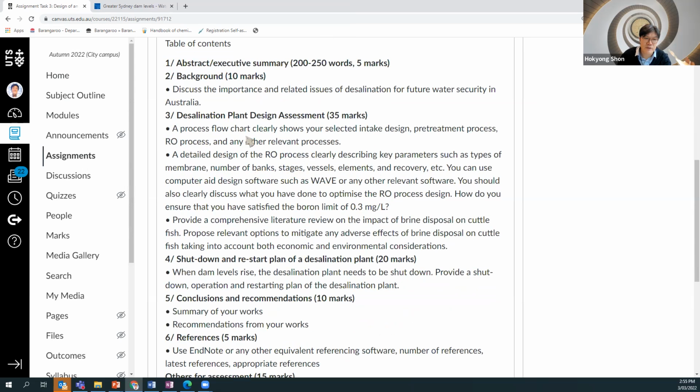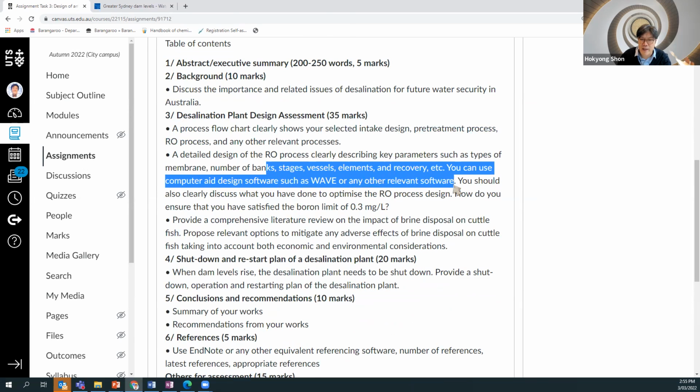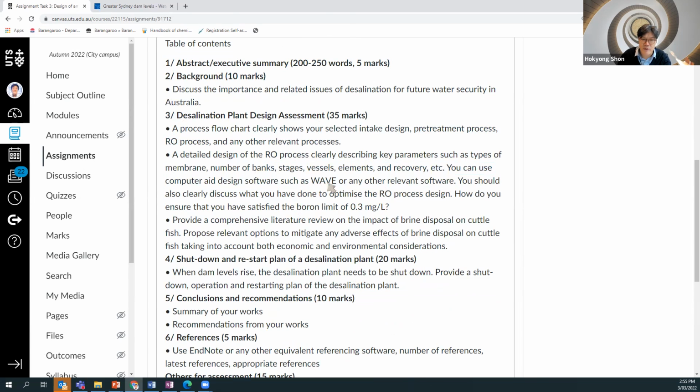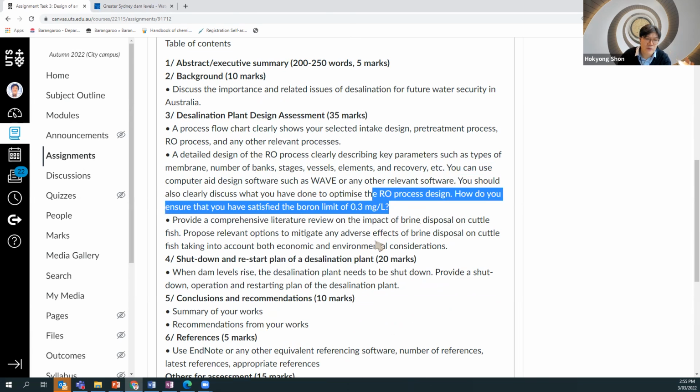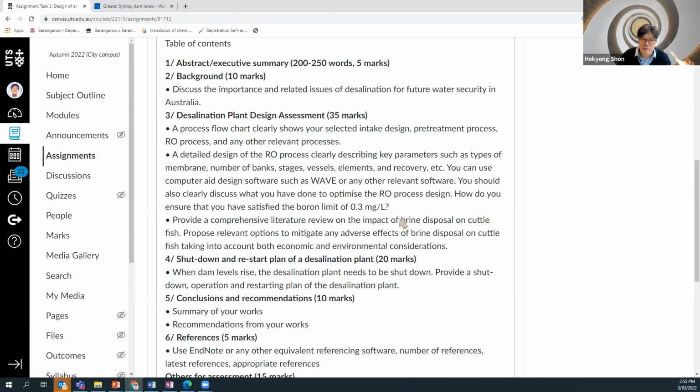And then how you will design different processes, use different computer-aided software, how you can utilize the free software, also how you can handle the different concentrations, and also what the environmental impact from brine disposal on cuttlefish is. So you can also make some very brief literature review.